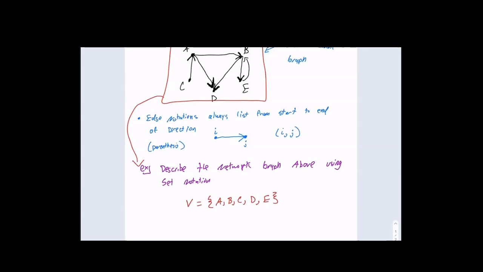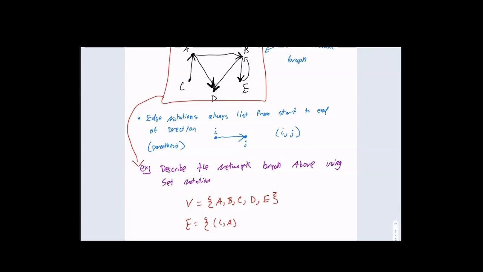The edges. The edges are CA. Okay, and we use parentheses, so (C, A).